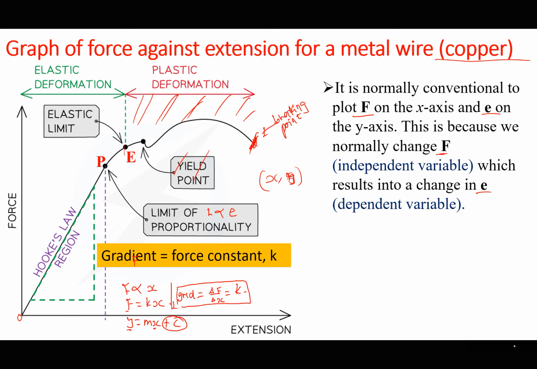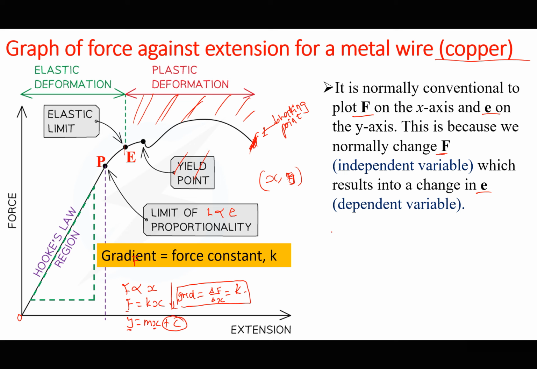For those of you who are doing both AS and A level, you will understand what I mean by dependent and independent variable, especially when it comes to paper 5. When you are telling the examiner which graph to plot, you always prefer to say that the independent variable is on the x-axis and the dependent variable is on the y-axis.